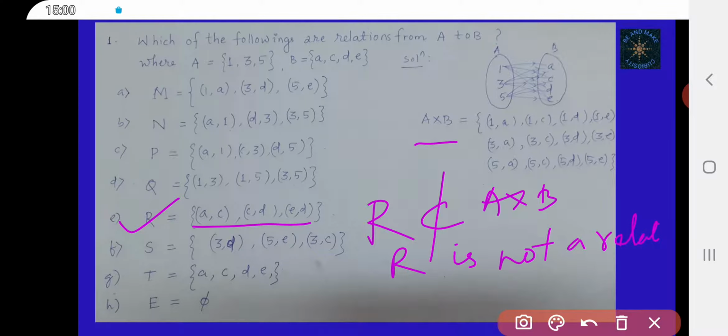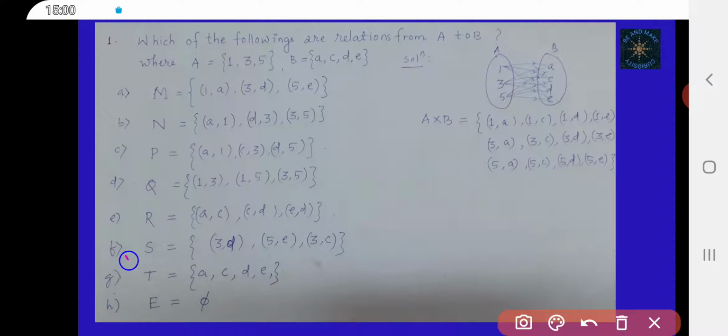Now you see S. Every element of set S is in A cross B. See, (3, d), (5, d), (3, c).